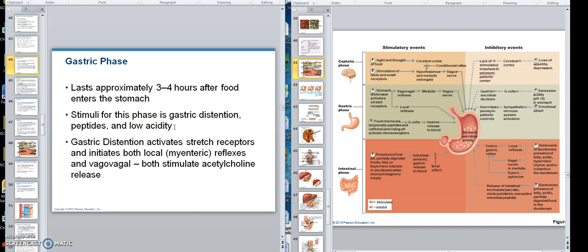Because they're going to make hydrochloric acid. Gastric distension activates stretch receptors and initiates both the local responses, the myenteric reflex in the nerves, and the vagovagal, both stimulate acetylcholine release. Now, acetylcholine is from the parasympathetic. So that's a neural aspect. Let's go further.